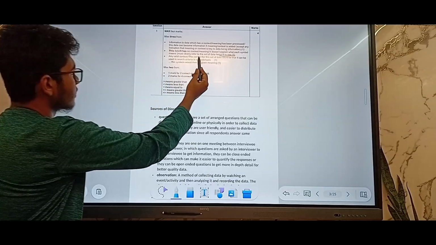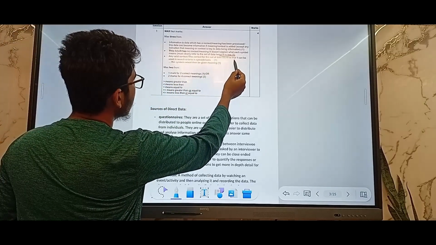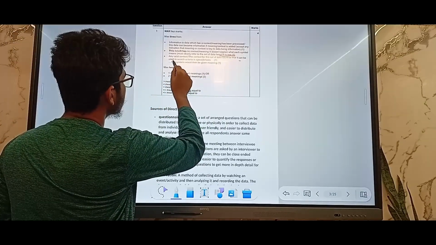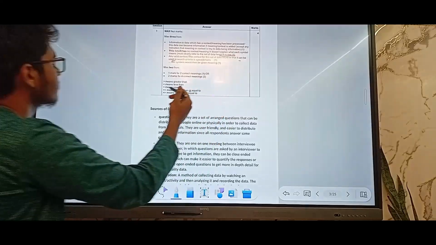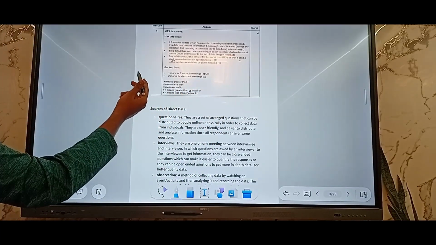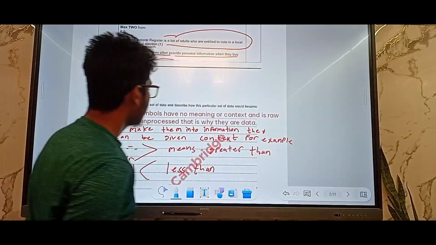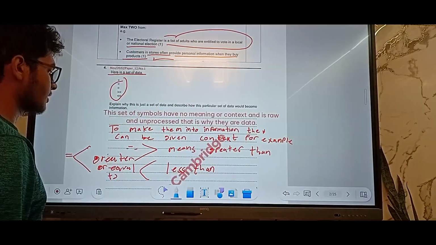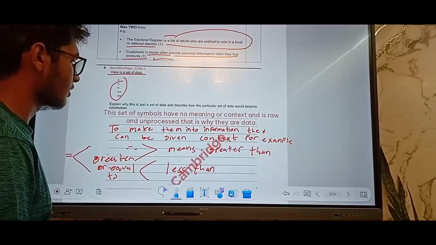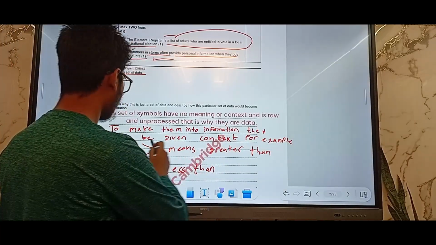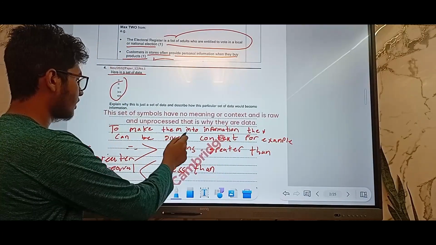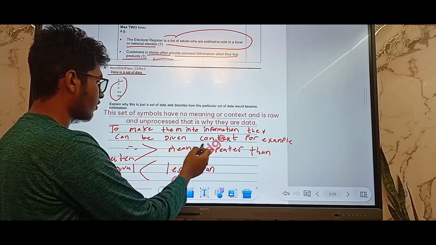Any valid context. The context for this set of data could be that it can be used in search criteria in spreadsheets. The symbol would then be given meaning. So one thing to mention is here we must write something. We must give some context. Like, I have written, to make them into information, they can be given context.